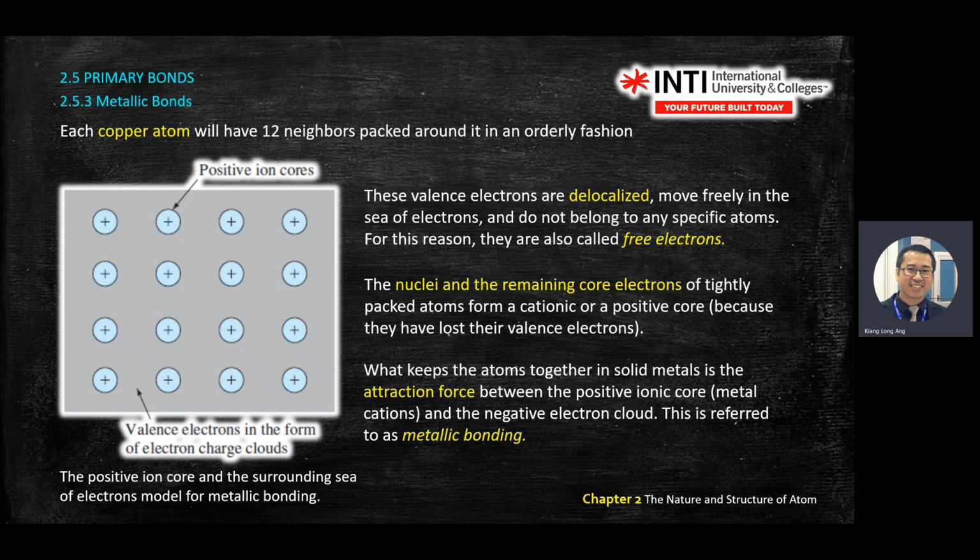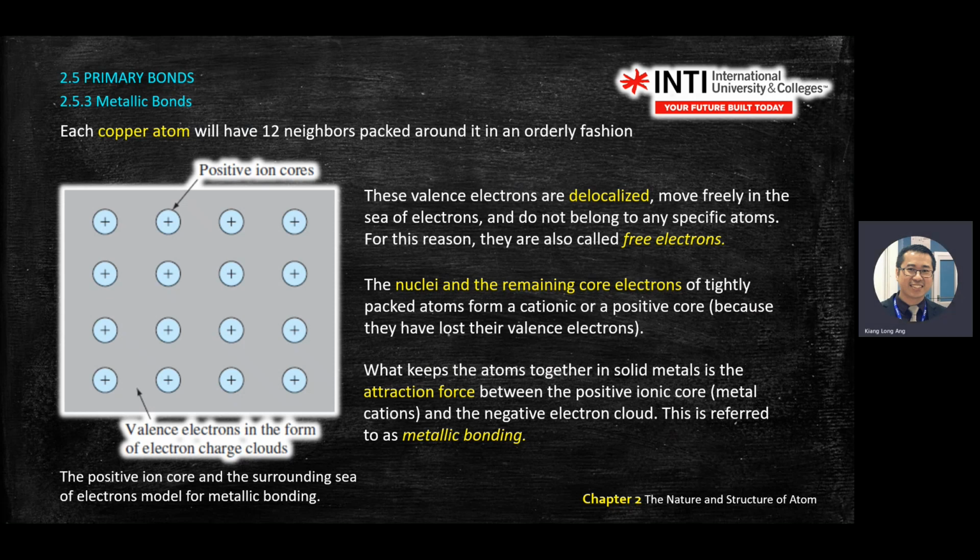So again, the positive core defines the attraction, the pulling force, or you can name it a grabbing force, where they can grab electrons. It's like a magnet. So this is the textbook definition for metallic bonding: when there is an attraction force between the positive ion core and the negative valence electrons, it's called metallic bonding.